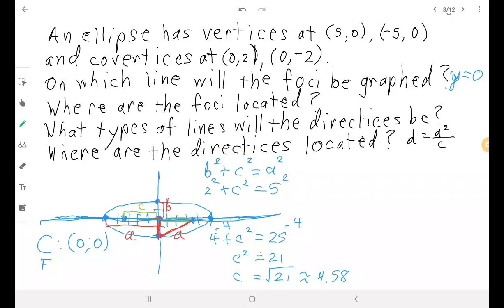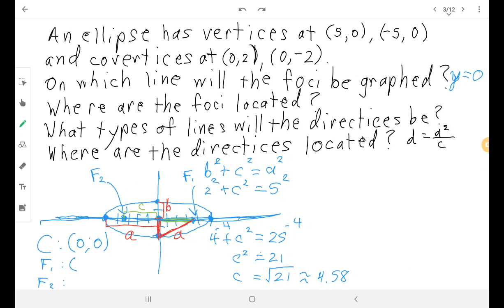So focus point 1, which maybe we call the positive one, and then we can call the negative one focus point 2. We could have labeled it other ways. That doesn't really matter. So for focus point 1, we're going to add this value to the x value.